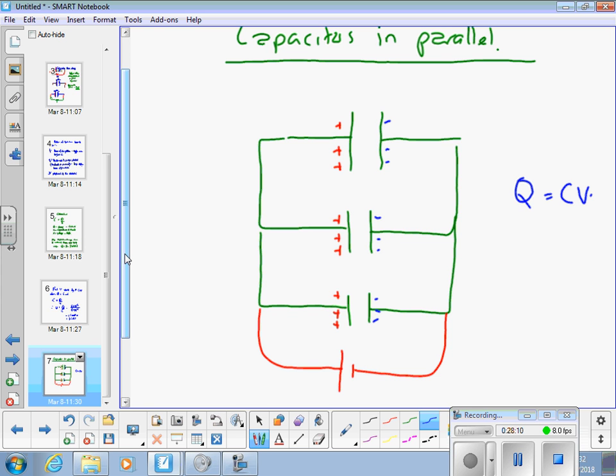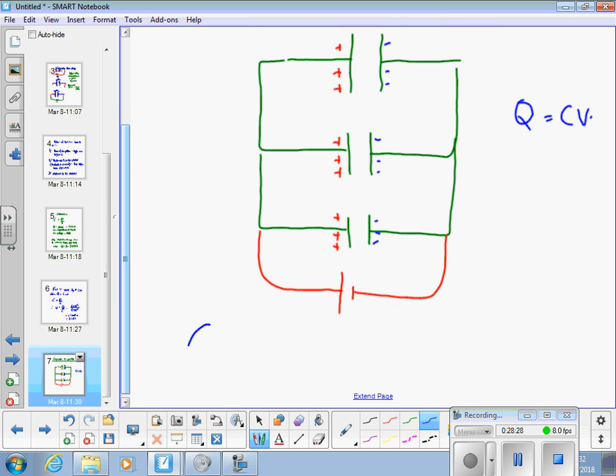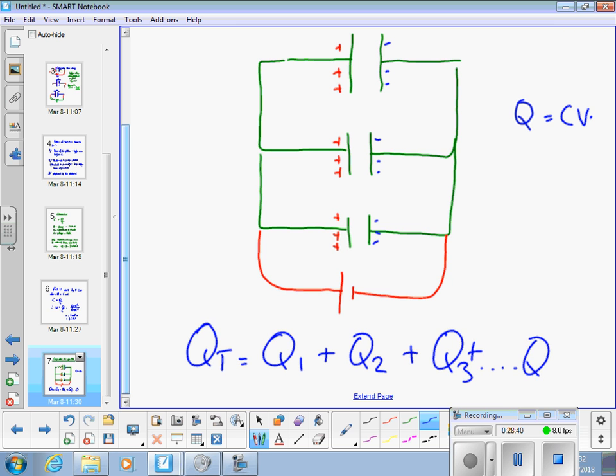They'd all have charges equal to their capacitance value times the voltage. So the total charge QT is equal to Q1 plus Q2 plus Q3. We can just add them all together.